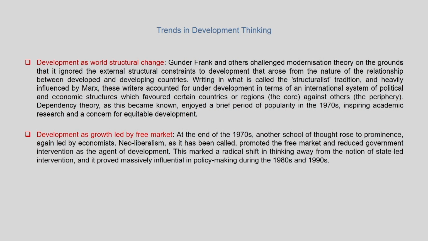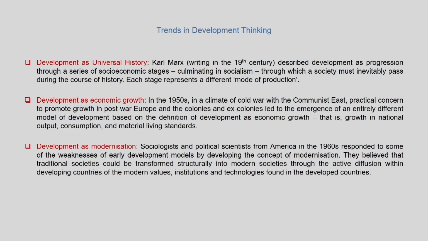And this dependency theory could be seen broadly as a left-wing challenge to a more right-wing modernization theory, and it was also an alternative theory of development in which the key to development involved altering international political and economic structures.